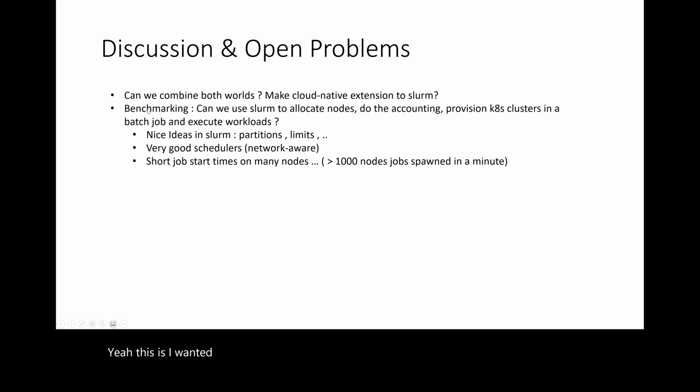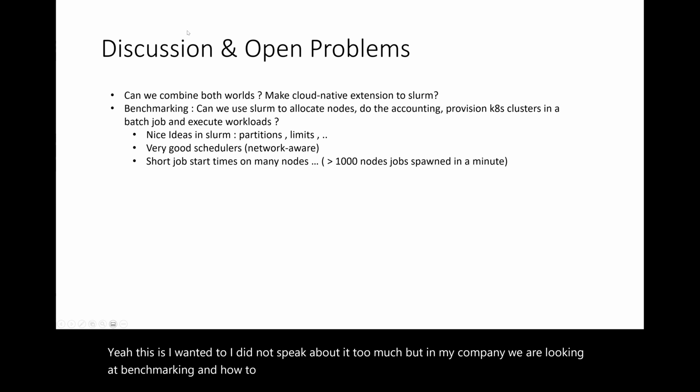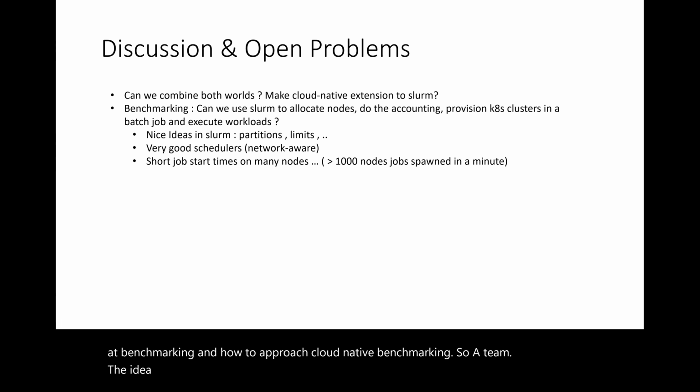I did not speak about it too much, but in my company we are looking at benchmarking and how to approach cloud native benchmarking. A team had the idea to look at classical CI tools like Jenkins and run Jenkins jobs.